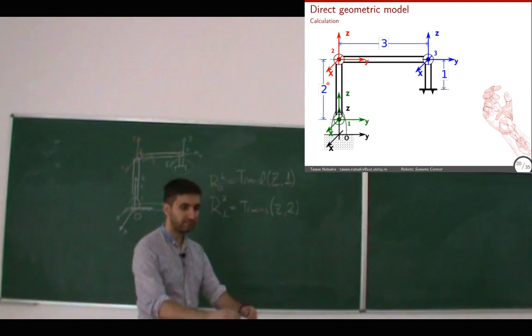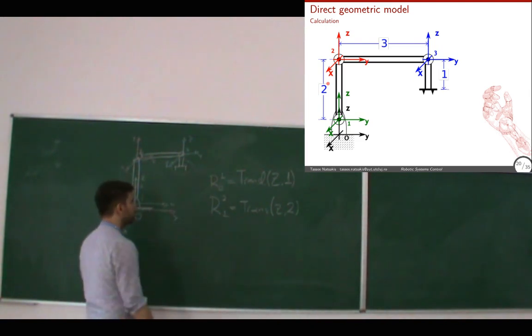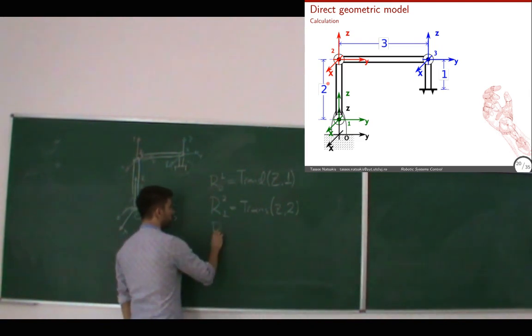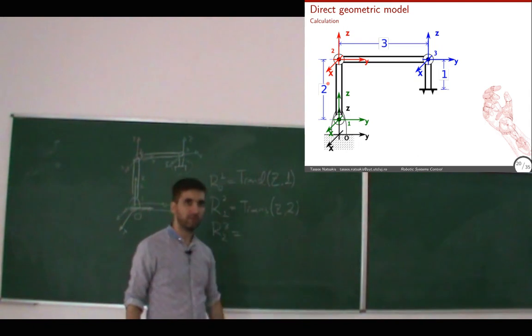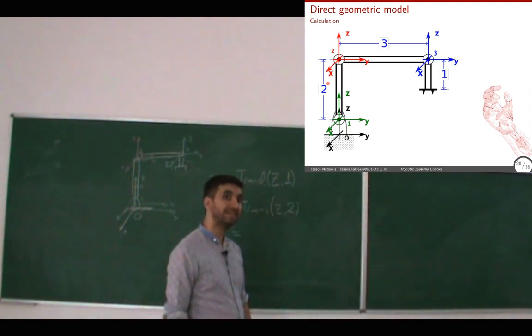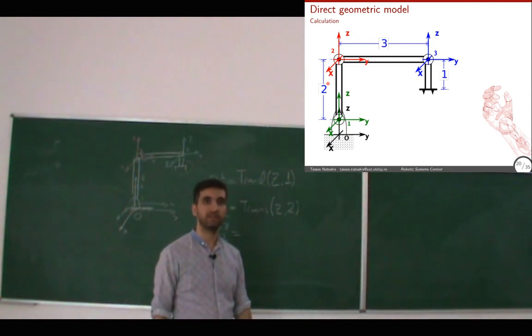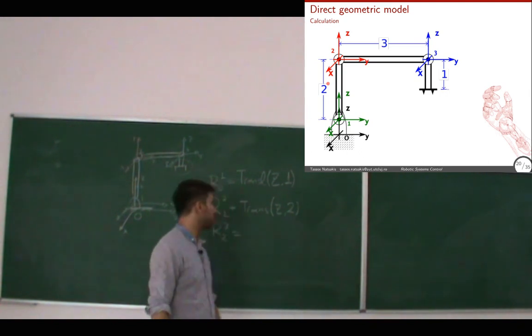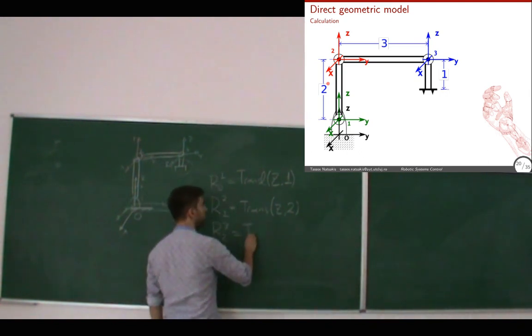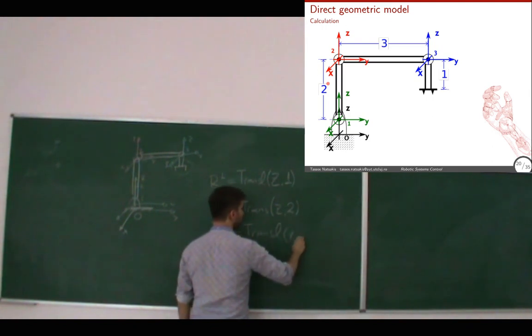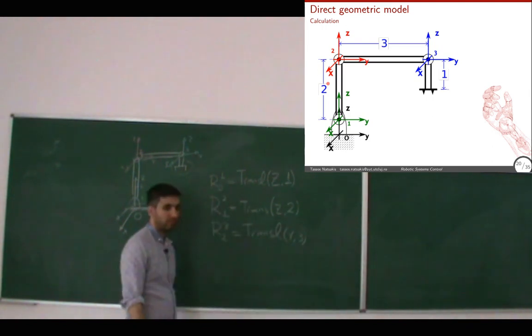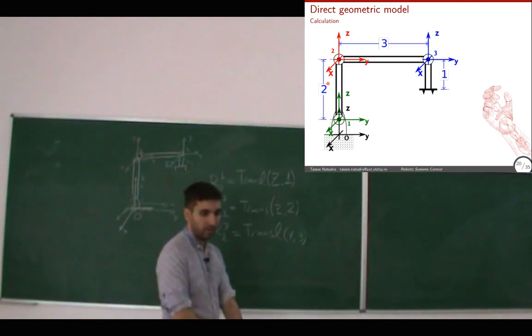Very good. What is the transformation from 2 to 3? So from the red to the blue. Translation on y by 3. Y by 3. Very good.